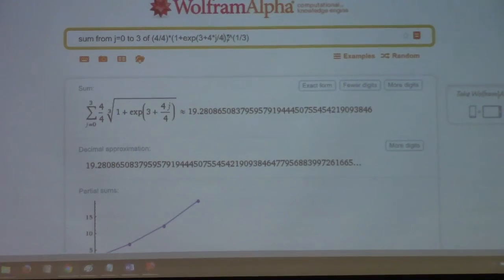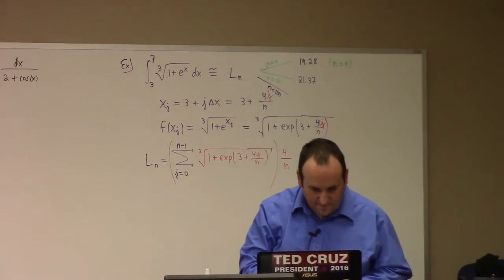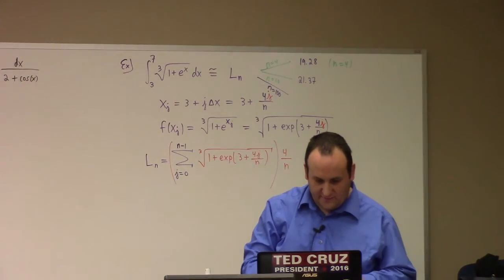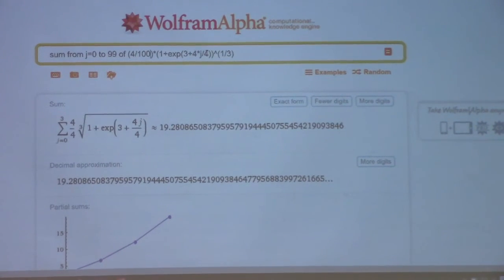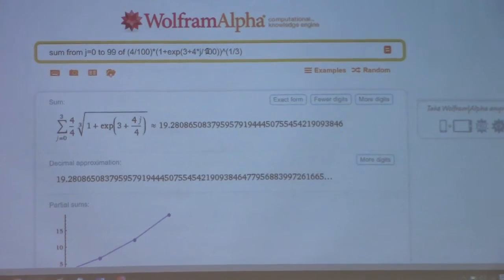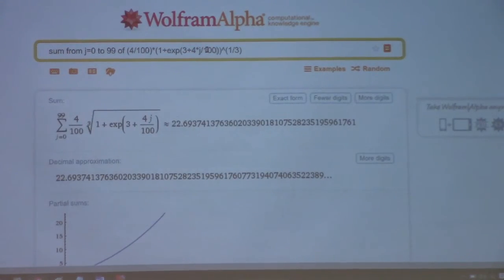What happens if we look at n equals 100? J equals 0 to 99, 4 divided by 100, right? 4j, put 100 back there, right? 22.69.